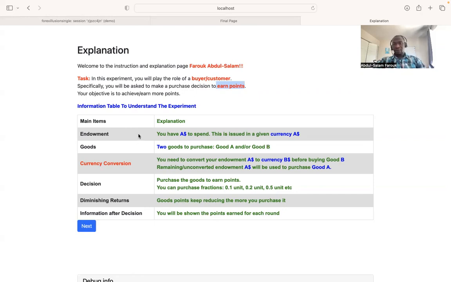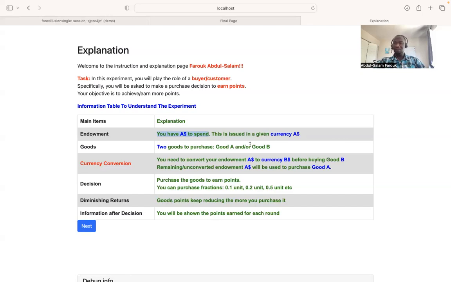Now, what's the setup like? Basically, you'll be endowed with lab money. Here, you'll be given a specific amount of money in a given currency. We call this currency A, and this is going to be the currency that you'll be endowed with originally.